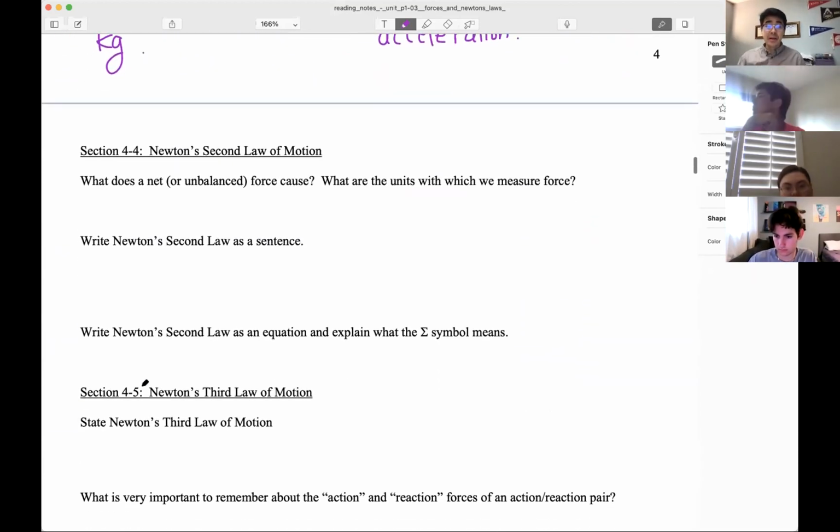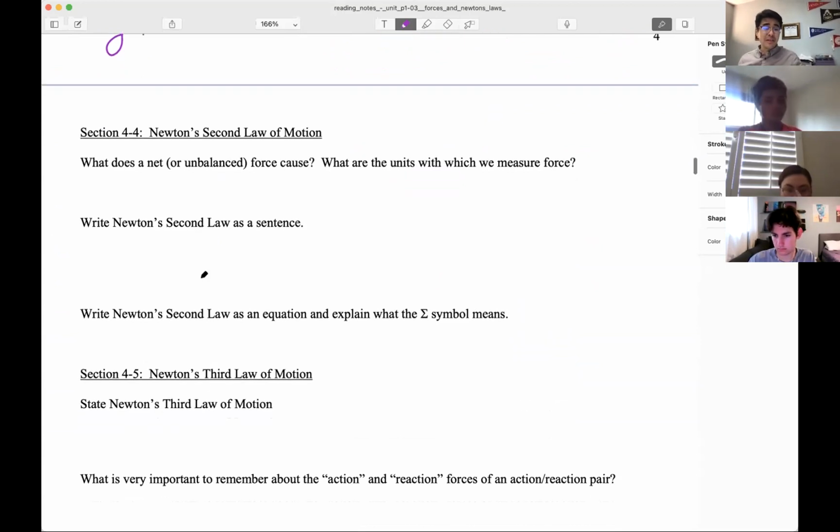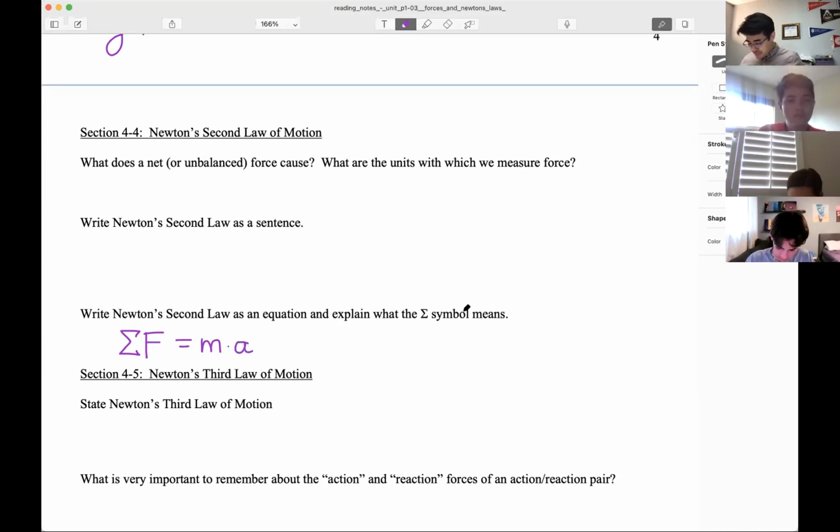Okay, so we're on to the second law, right? So we definitely know the second law. You've used it a million times by now, right? So it's sigma F is equal to mass times acceleration. And what does the sigma mean?